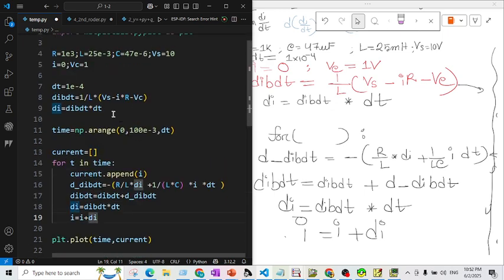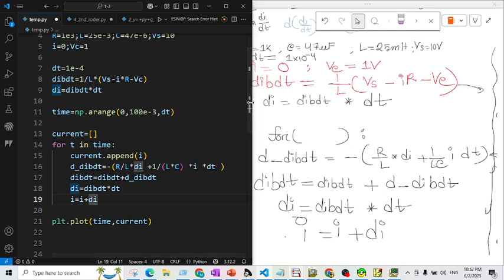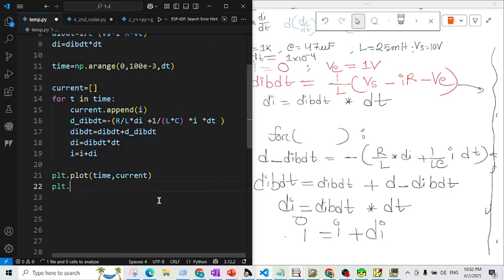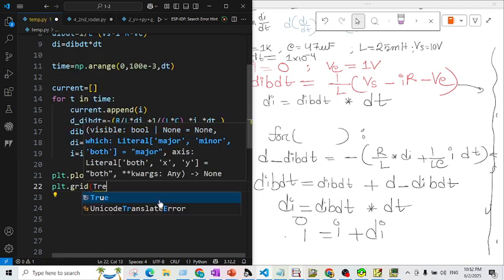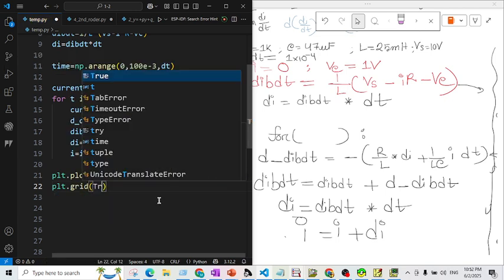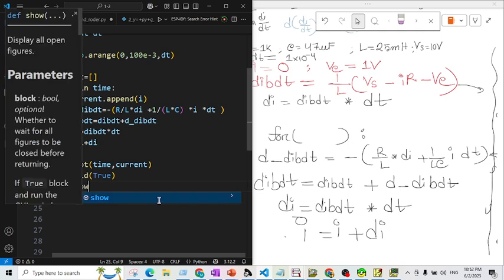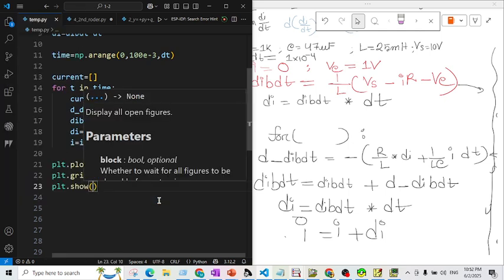Okay, so initial I was 0, but it will gradually update itself. Then if you want grid, let's write True, and then plt.show. Okay, let's run the code.